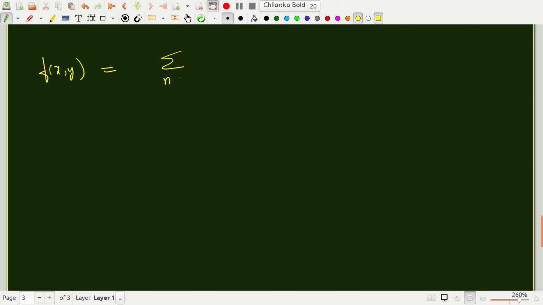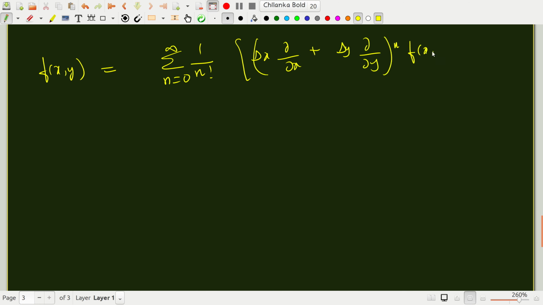So, I wrote this as the sum over n equal to 0 to infinity of 1 over n factorial times (delta x partial partial x plus delta y partial partial y) whole to the n operating on f of x y. Obviously, these are evaluated about the point about which you are expanding the Taylor series.